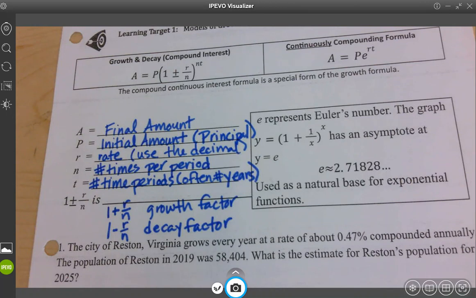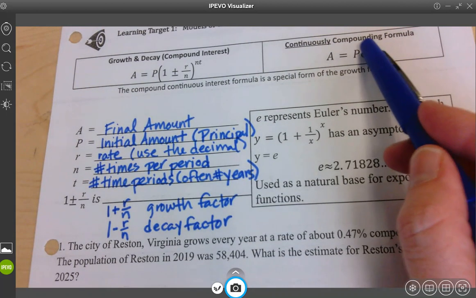Like, I actually can't picture continuously compounded interest in my head because it's compounded more often than every second. Okay, it's just continuously being compounded. And interestingly, you would think that that would make a lot more interest, right? Because you're compounding it so often. It actually doesn't. It makes a very small amount more interest when you compound continuously than when you compound quarterly or monthly or annually.